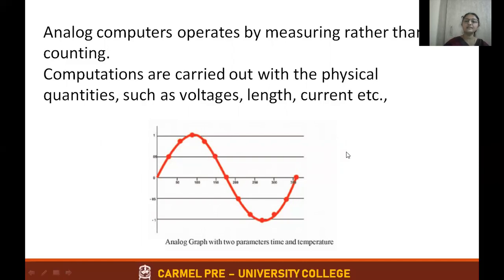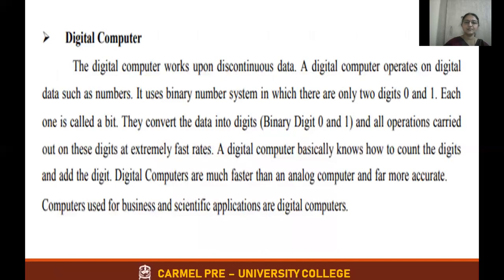If you take the graph of the working of analog computers, by taking quantities like voltages, length, current, and temperature, it could be represented like this. Fine. So only these points are enough for the functioning of analog computers.